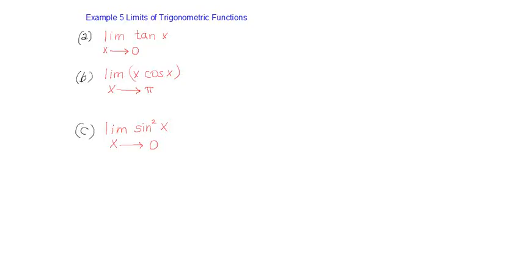We have here the limit of the tangent of x as x approaches 0. We just plug in 0 for x, so now we have tangent of 0 degrees. Just to review, I'm going to do the unit circle. So here's 0 degrees right there.